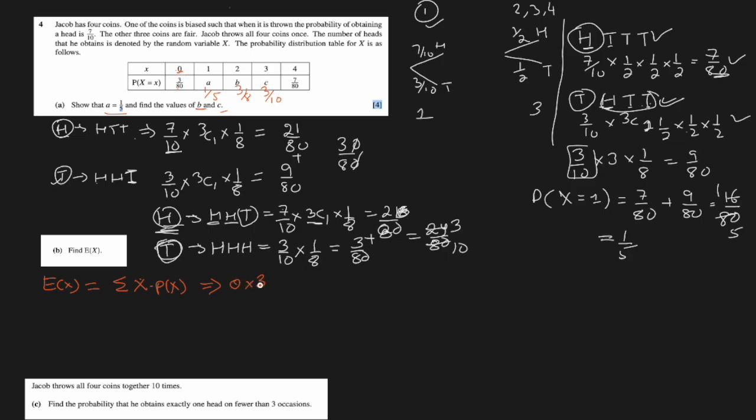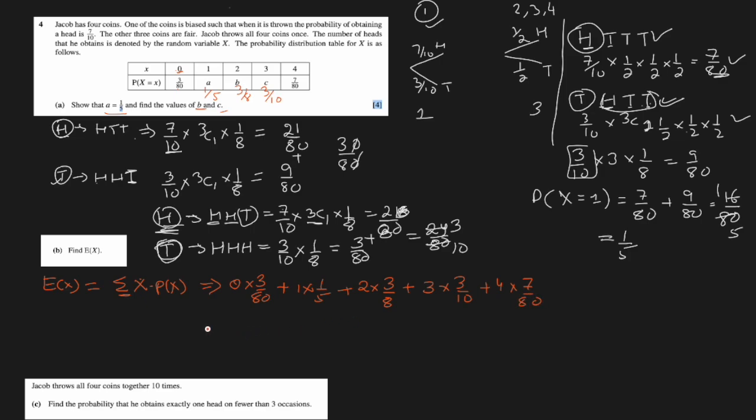So 0 times 3 over 80, plus 1 times we got 1/5, plus 2 times, what is the probability of 2? 3/8. Plus 3 times 3/10, and 4 times 7/80, they have given.